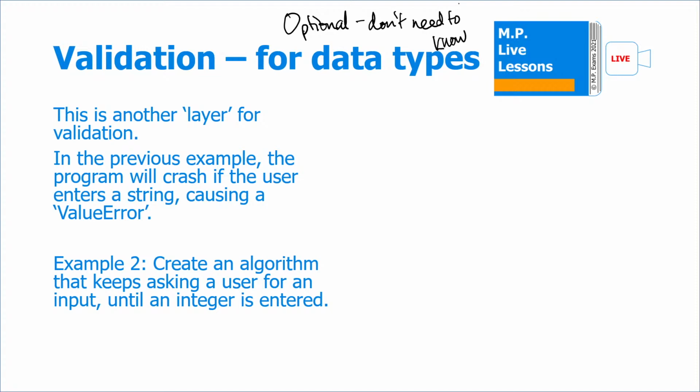A second example would be creating an algorithm that keeps asking the user for an input until an integer is entered. So ideally, we'd still have that valid is false, and then our while loop again. This time we have something called a try clause. So it'll try this lot of code right here.